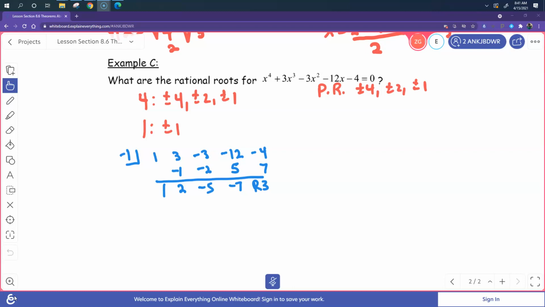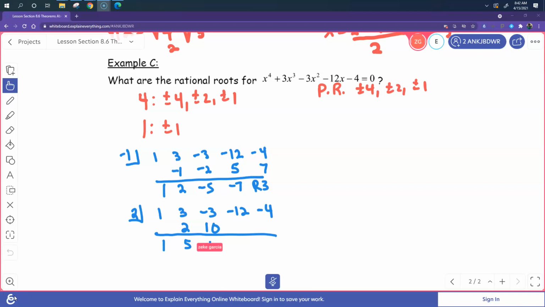Okay, let's try 2. So we have 1, 3, negative 3, negative 12, and negative 4. Bring down the 1. 2 times 1 is 2. 3 plus 2 is 5. 2 times 5 is 10.